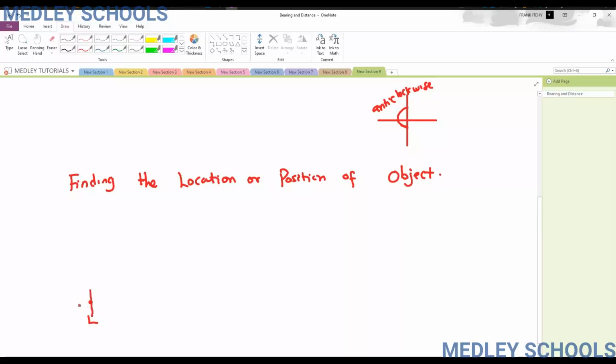Abuja is 20 kilometers north of Lokoja, which means you draw it up, which is north. Now we have Abuja here. If you ask for the bearing of Abuja from Lokoja, it is north.